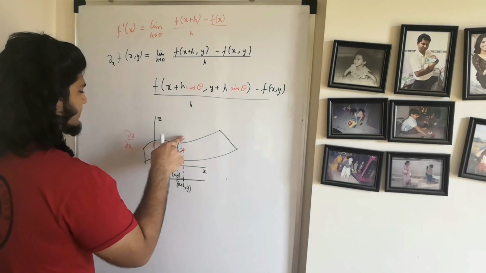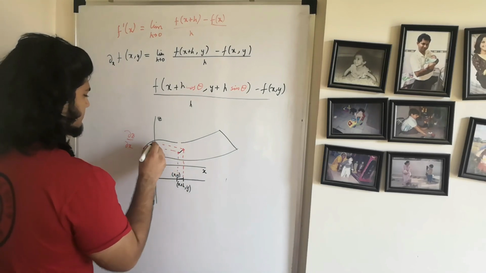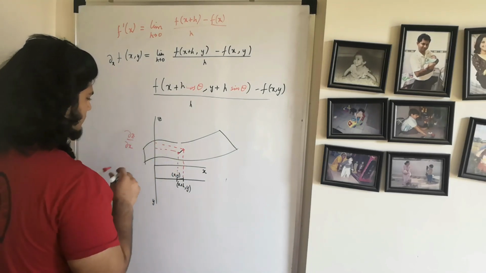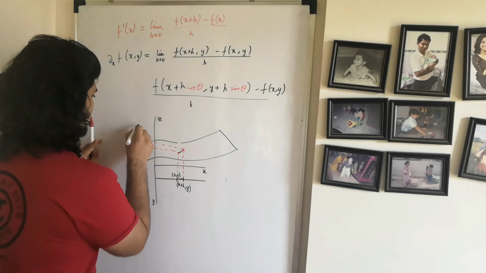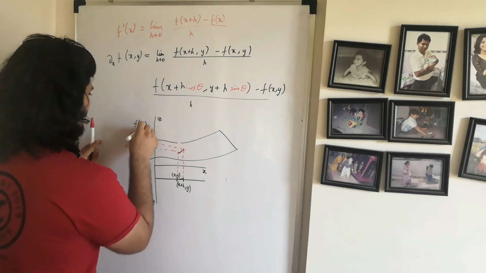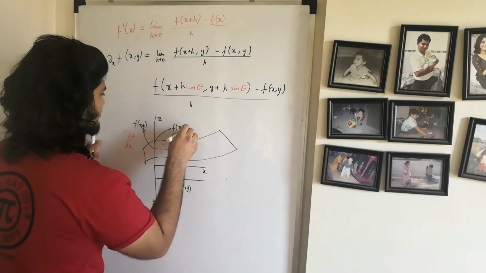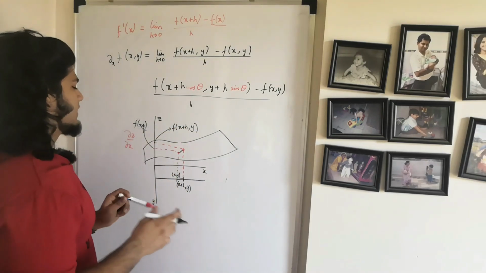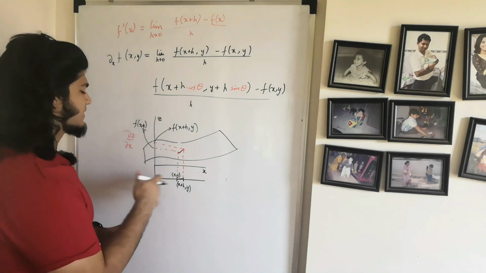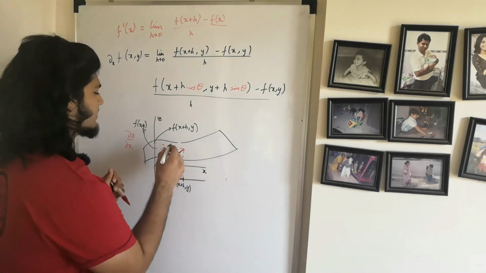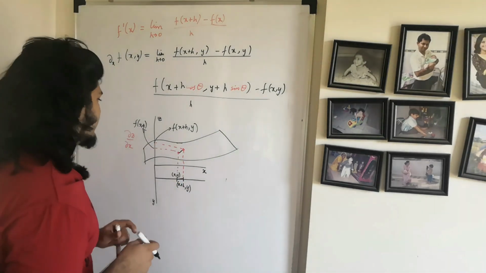So maybe I should write it over here. So this is f of x comma y, this is f of x plus h comma y, and similarly you can also keep x constant and change y. It's symmetric in x and y basically.